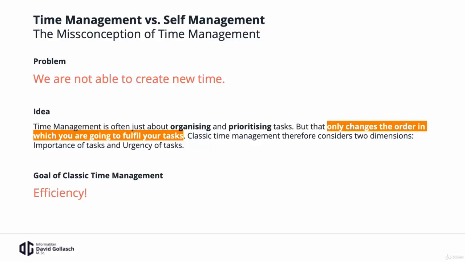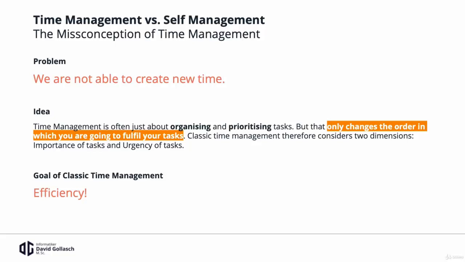So having more time is not something that you would get from better time management as such. But the idea would be to only change the order in which you're doing things, by organizing the things that you have to do, or by setting priorities for the tasks that you have. So this is actually time management.